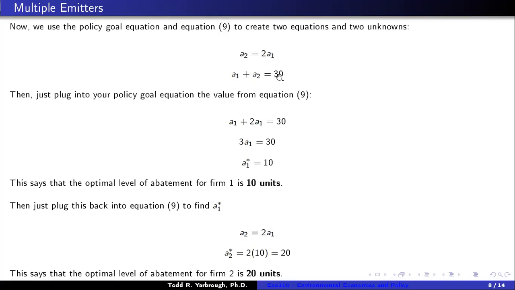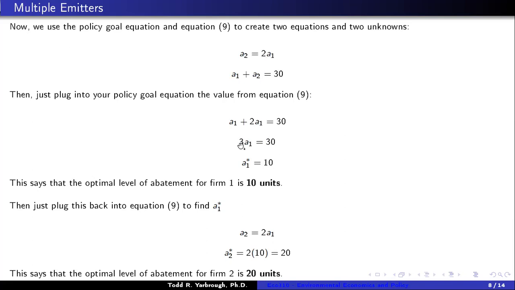When you have 2 equations and 2 unknowns, it's very easy to solve for the solution. Here we just plug A2 equals 2A1 into the policy goal equation. When we do that, we get A1 plus 2A1 is equal to 30. Again, we're just taking A2 is equal to 2A1 and plugging it in here. So instead of A2 here, we're writing 2A1.